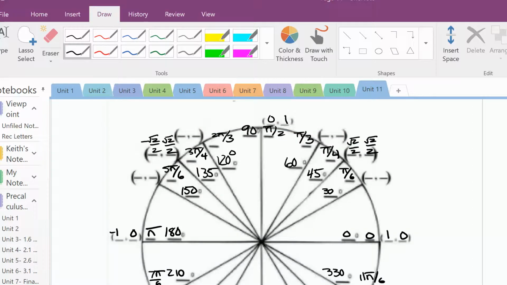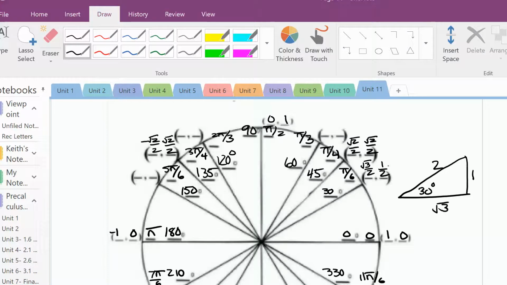For a pi over 6 angle, remember pi over 6 is 30 degrees. Remember, so it's 1, rad 3, and 2. So remember the cosine is going to be rad 3 over 2. And the sine is 1/2.